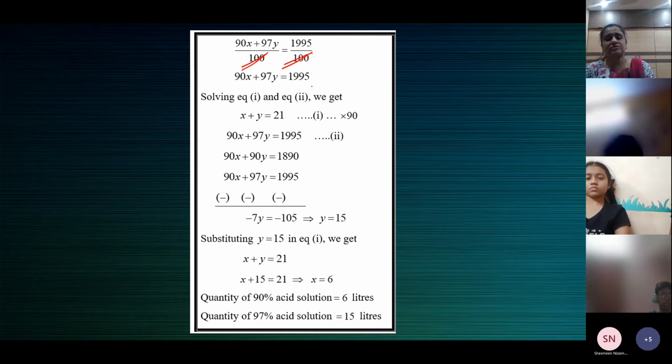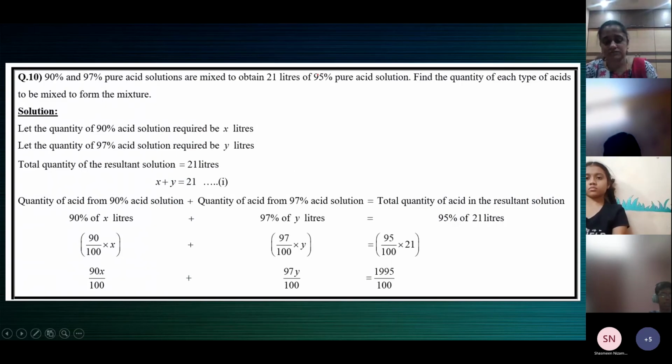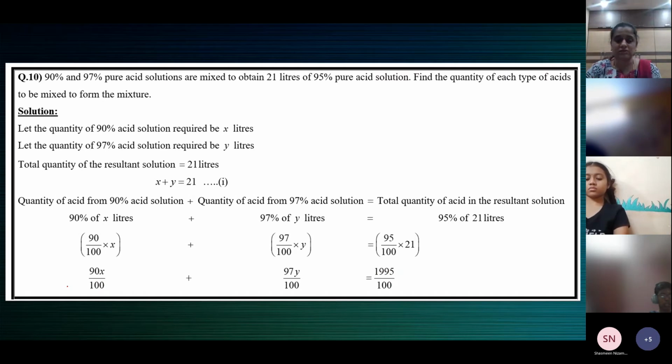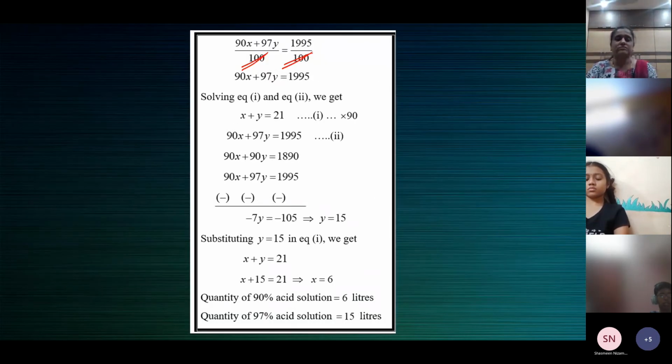So 90X plus 97Y is equal to 1995. I did not reduce 90 by 100, and I did not reduce here also by 5. So there's a common denominator 100. You can simplify it here.